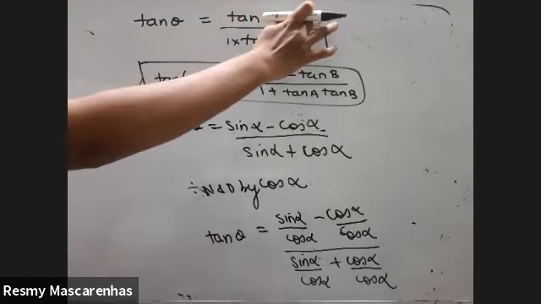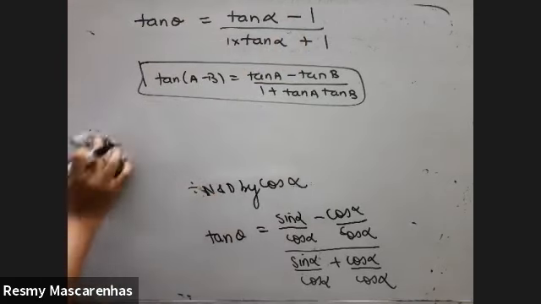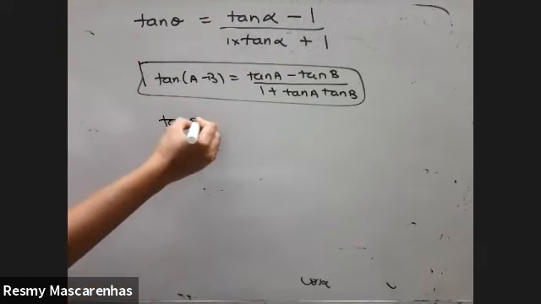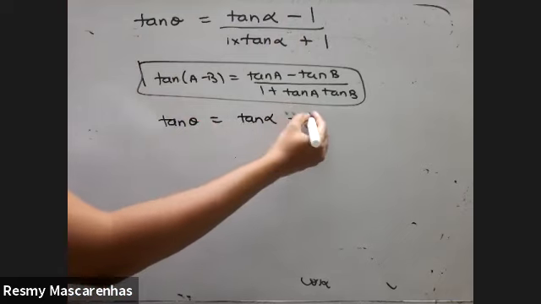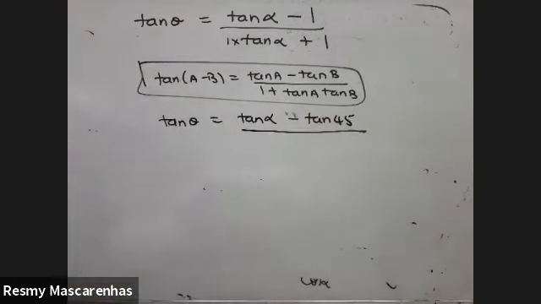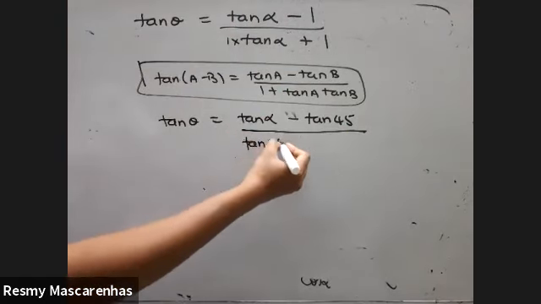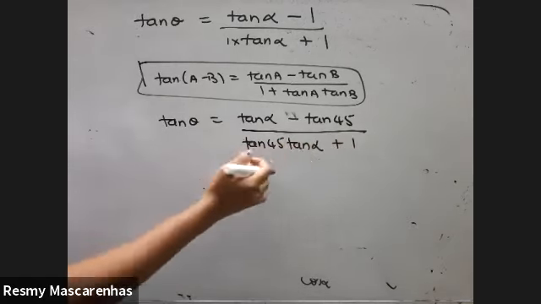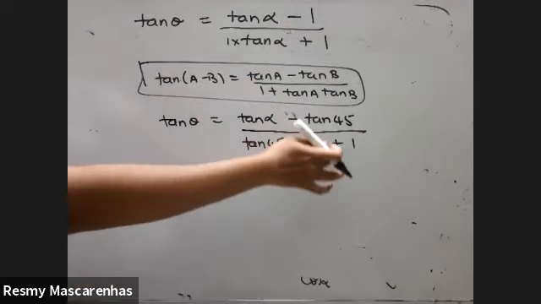So wherever this 1 I have to put tan 45, over here also I have to put tan 45. Whether I write it as 1 plus tan this or this, whichever way it is, still it means the same.